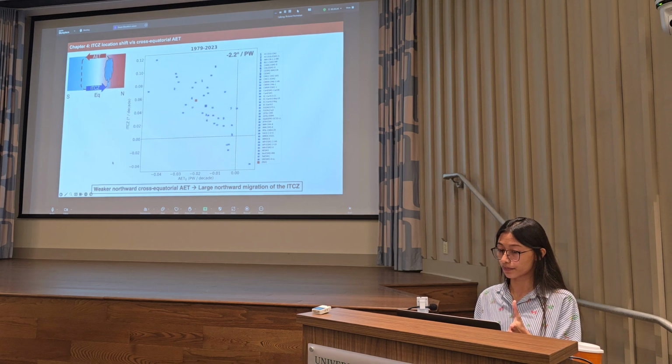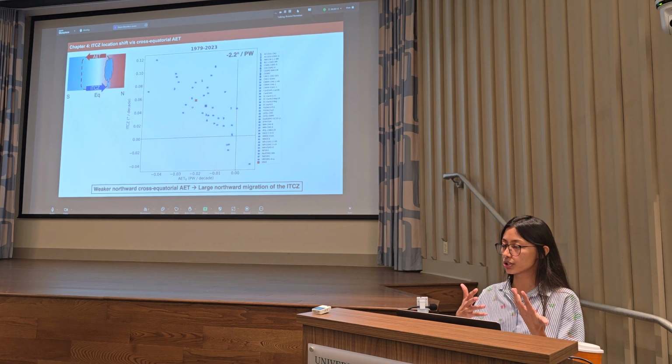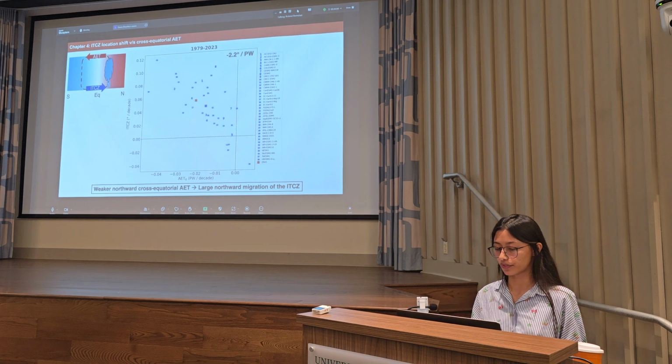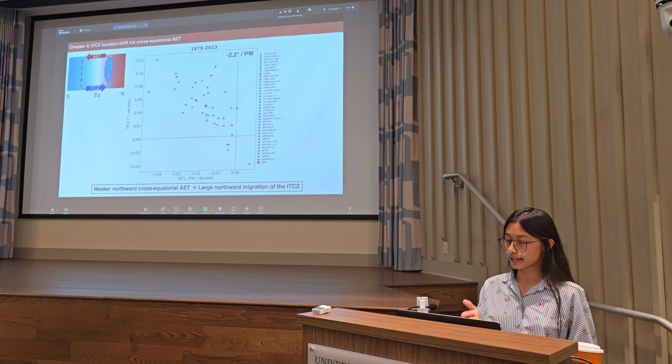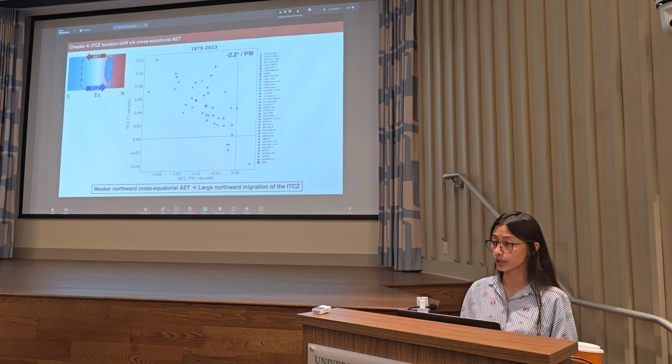And as shown in this figure, we do find that models that have a larger weakening of the northward cross-equatorial atmospheric energy transport also have a stronger migration of the ITCZ towards the northern hemisphere.